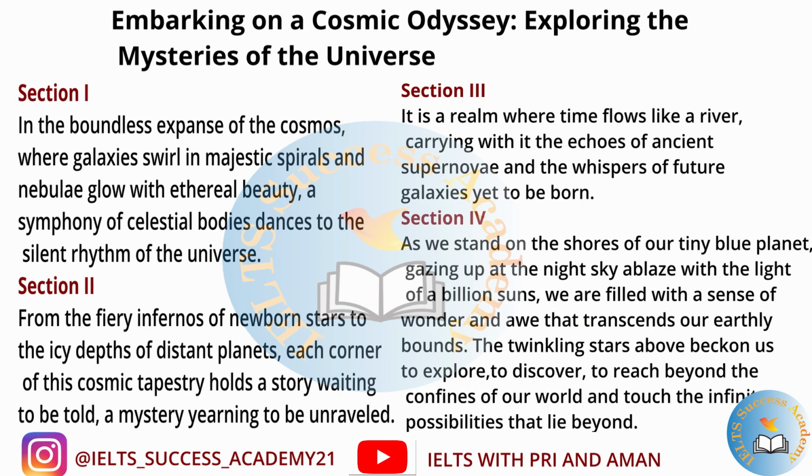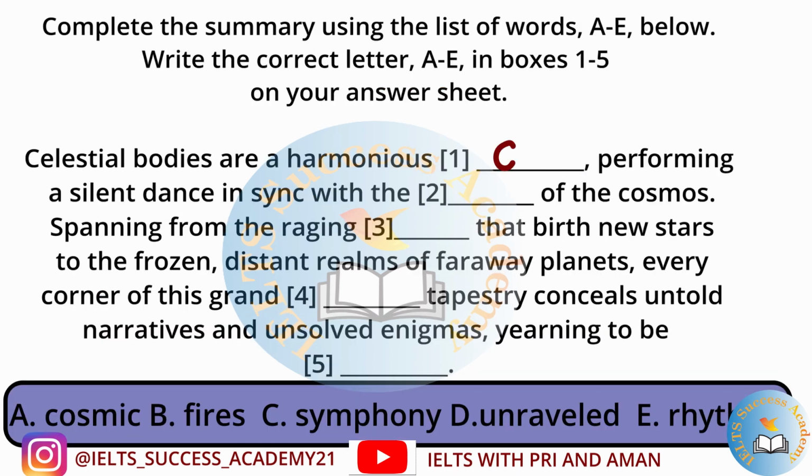So spanning from the raging, from the fiery infernos of the newborn stars, the answer should be fires. B. So the answer should be B. That births new stars to the frozen. This is talking about icy depths. Every corner of this grand dash, each corner of this cosmic tapestry. So answer for fourth should be A.